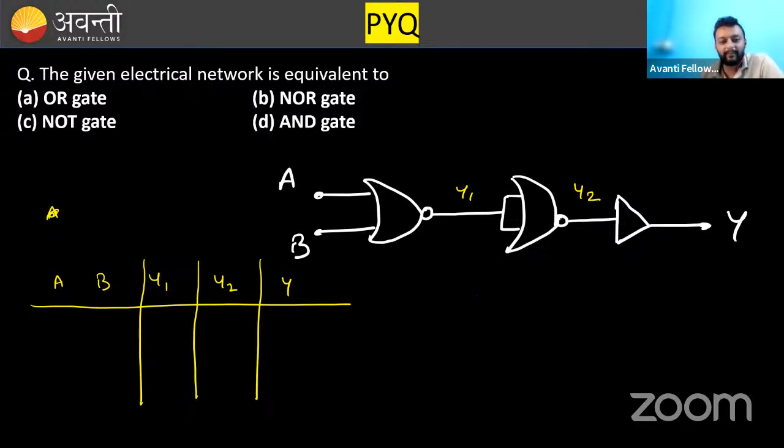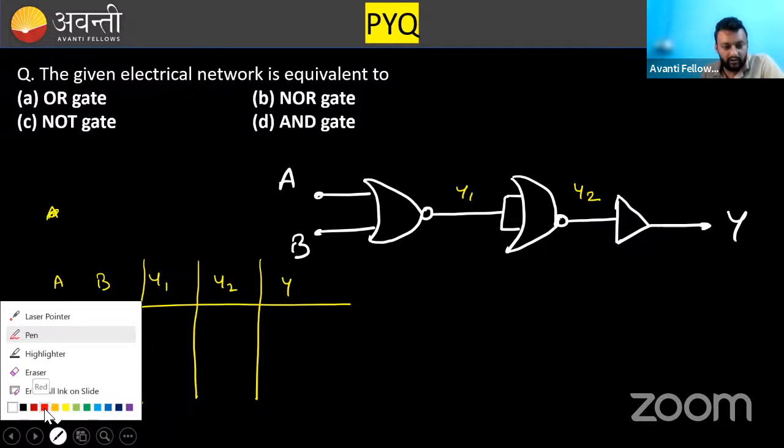Are you doing it? Okay, someone has answered. Chichinu is saying option B is correct. Option B, that means NOR gate. Okay, let's find out.